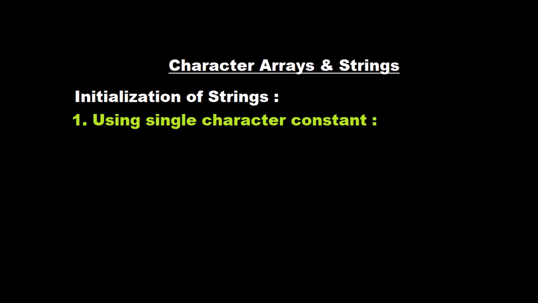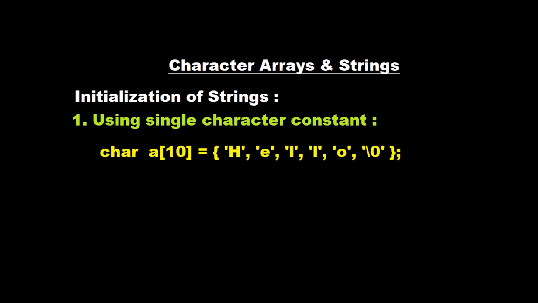So here is the example. char a[10] equal to, inside curly braces, 'H', 'E', 'L', 'L', 'O'. Just see how I have written the example. All these individual characters are inside quotes and they are separated by commas. And finally, at last, we have '\0' inside quotes.